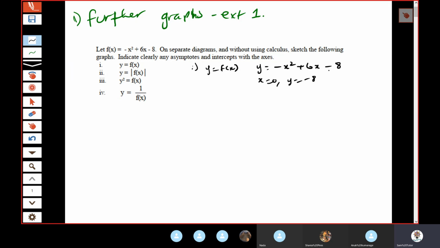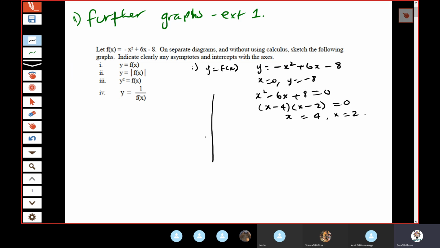When y equals 0, I get positive x squared minus 6x plus 8 equals 0. I just multiply everything by negative 1. You can probably factorize that easily now. Won't work, would it? Oh no, it would. x minus 4, x minus 2 equals 0. Therefore you get x equals 4 and x equals 2.